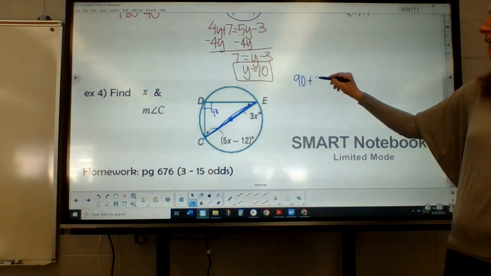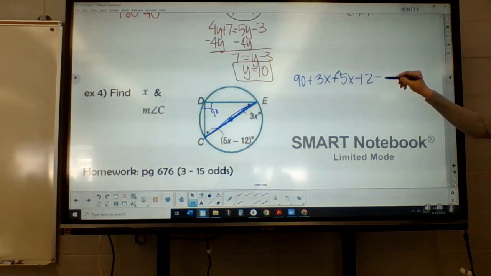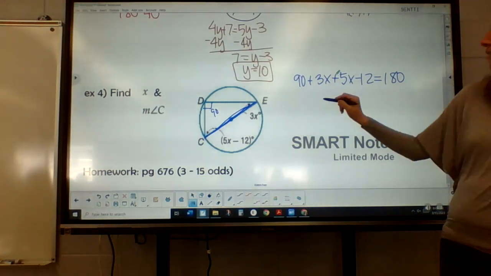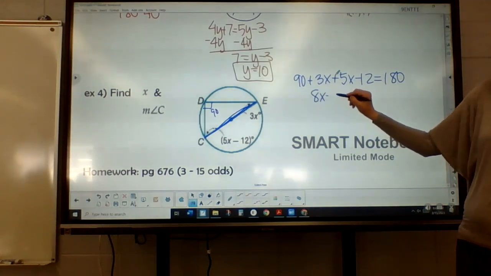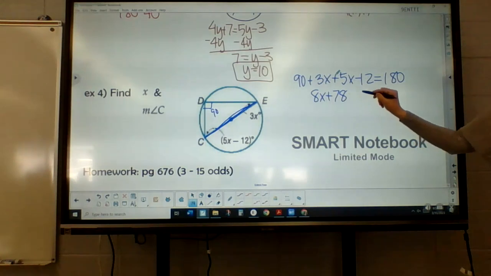So we're adding 90, 3x, 5x minus 12, because this is a triangle, it still has to add up to 180. And the reason we know it's 90 is because it's an inscribed triangle with a diameter as that side. That's going to be 78 over here.